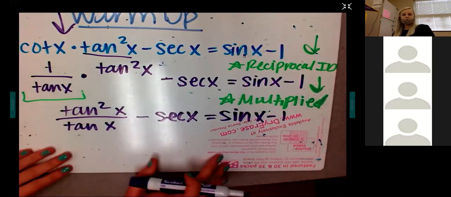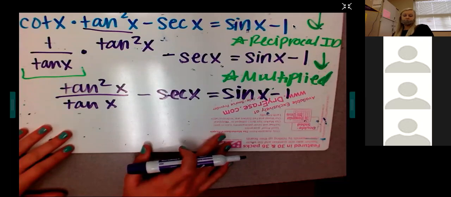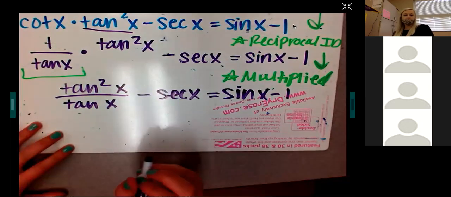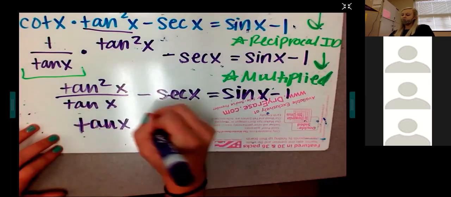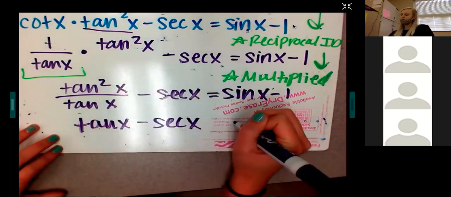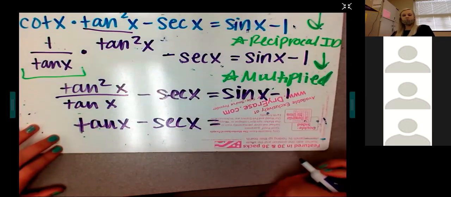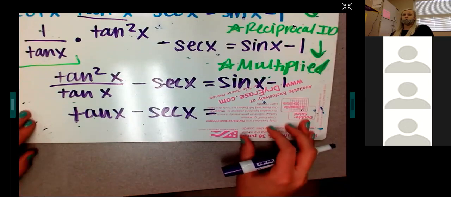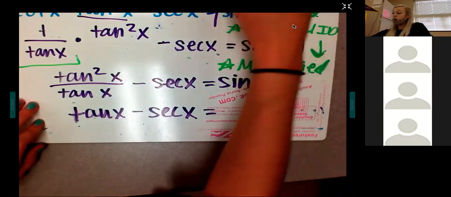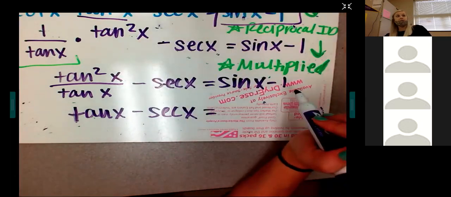All right, what can we do now? Simplify. What is this? Tangent of x. Good. Tangent of x minus secant x equals, and then the other side. I'm running out of room, so I'm not going to copy the other side. So is sine x minus 1 its own little function, or is it 1? That is what we're trying to prove that the left side equals.